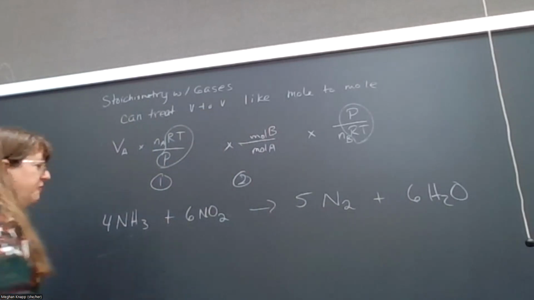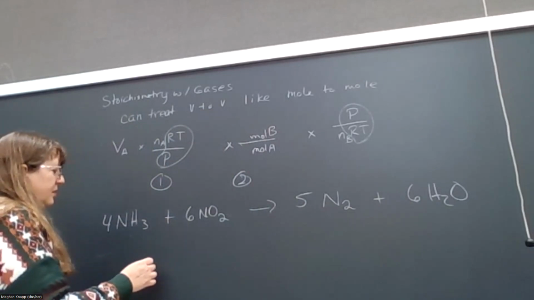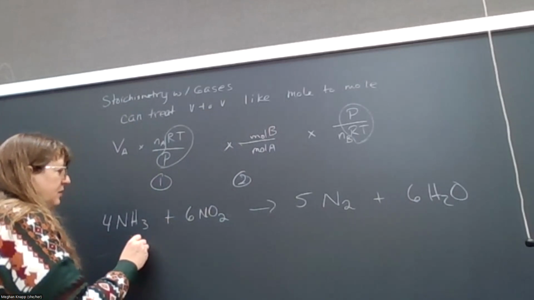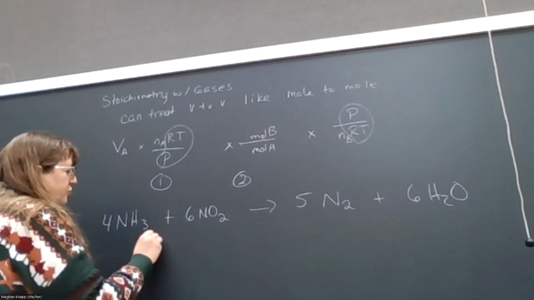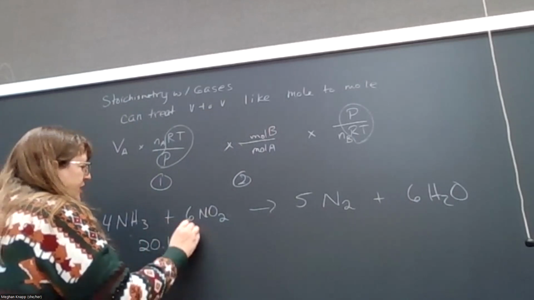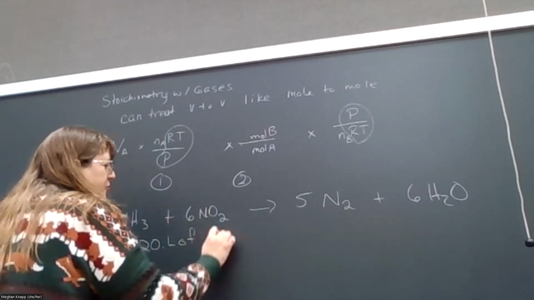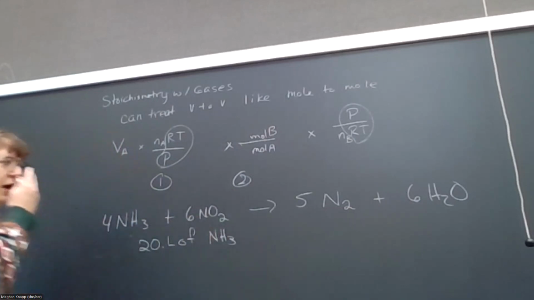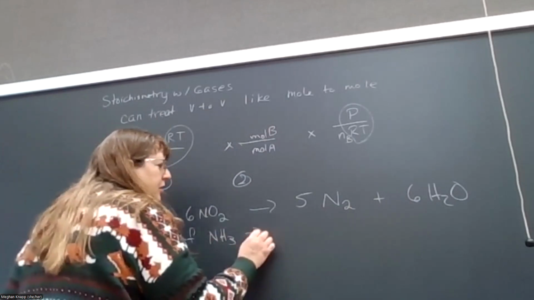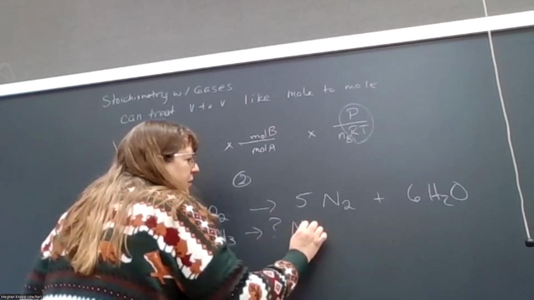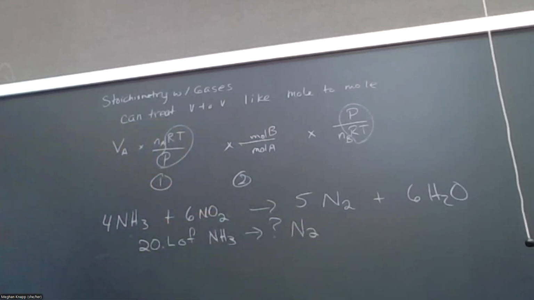So if I start off with, let's see, 20 liters of NH3, and I want to know how many liters of N2, then I can just use the coefficients in here. Now, I can't do this with liquids. I can't do this with solids. I can't do this with solutions.